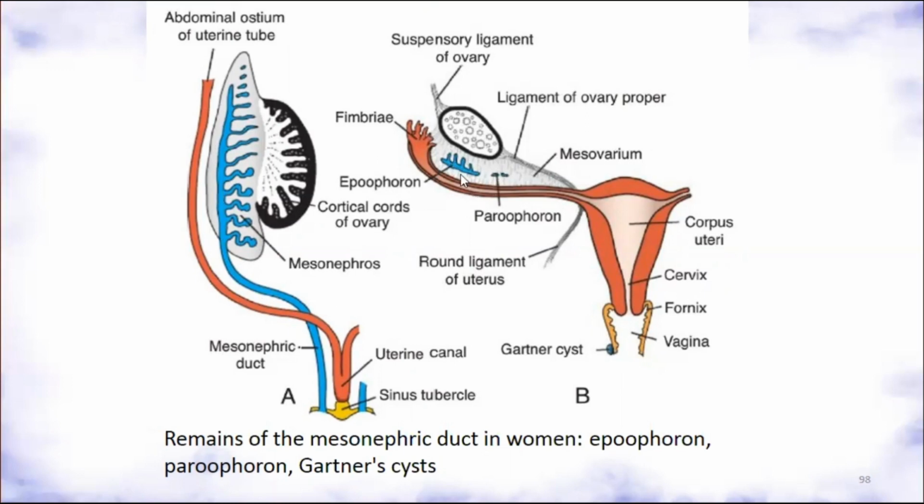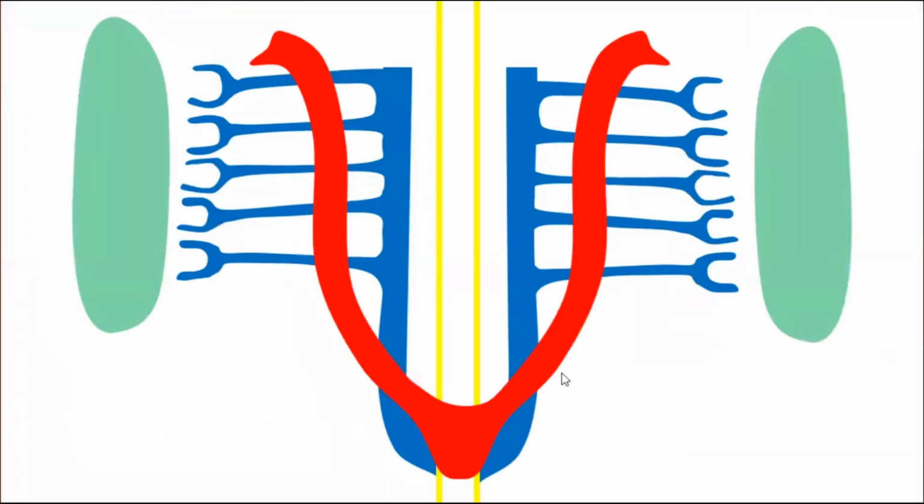And sometimes they may undergo inflammation, so they can give clinical signs and different complaints from the patient. And near the vagina, the lowest part of the mesonephric duct remains as a Gardner cyst. So it also remains of the mesonephric duct.